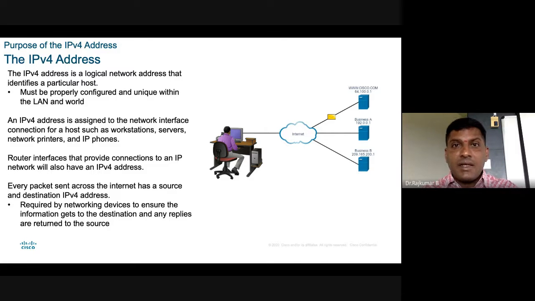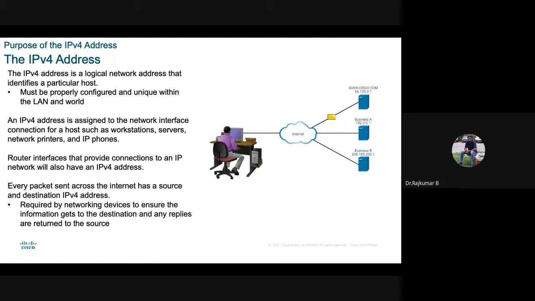That we discussed. Then the structure of your IP version 4 address we discuss. Then we talk about public IP addresses, private IP addresses, and so on. Clear? So here you can see the IP version 4 addresses.